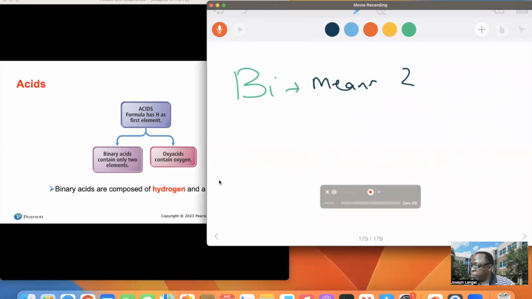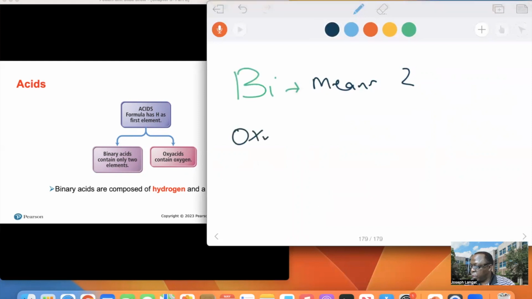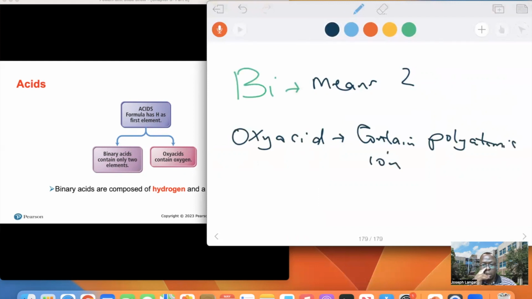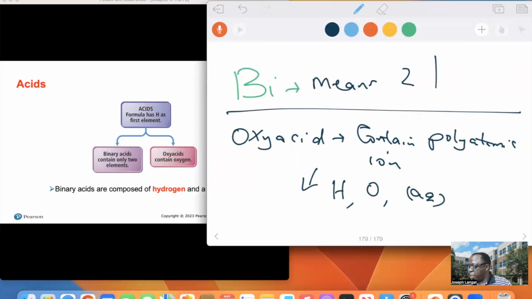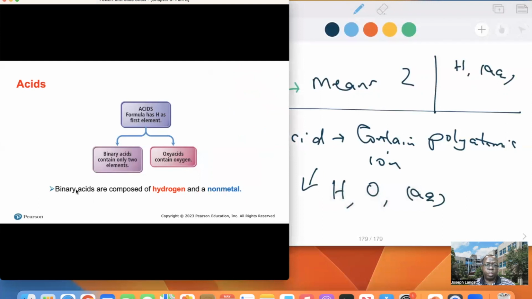Oxyacids contain a polyatomic ion. It has three things: hydrogen, oxygen, and must be aqueous. Whereas binary is just hydrogen, aqueous, and a non-metal. You got to see how you distinguish between the two here.